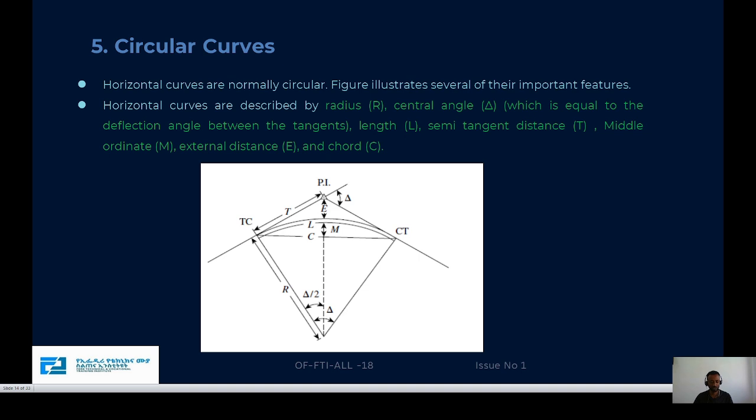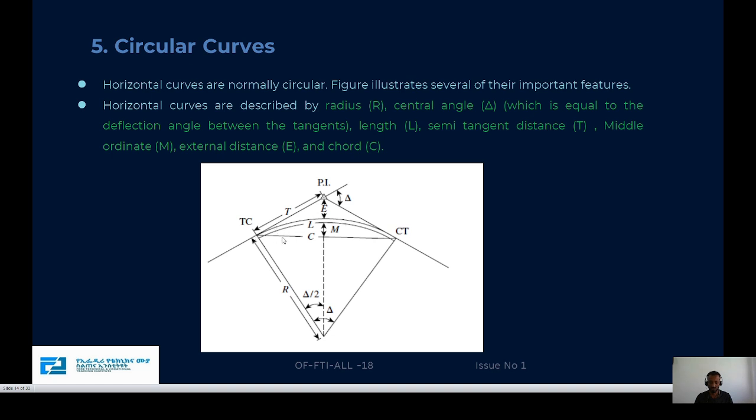And also there is the simple circular curve. It is the most recommended curve, a circular curve. Only one curve is provided. This one is a tangent. So this one is a horizontal curve. There is a radius R, and also central angle delta. Also there is the curve length, and the shortest length will be C, the chord length.